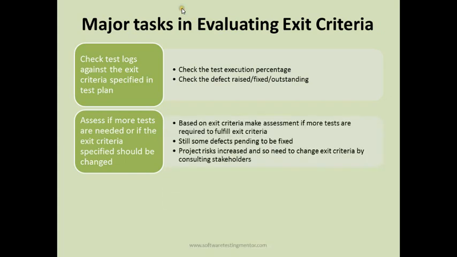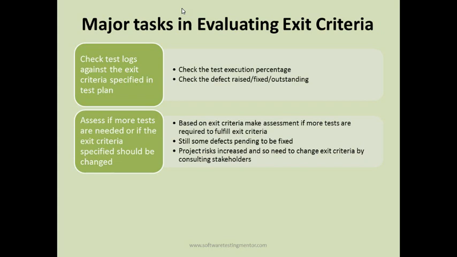So based on the exit criteria, you assess if more tests are required. Suppose exit criteria says 95% test cases should be executed to exit testing, and you have just executed 80% of the test cases. So you need to execute 15% more test cases in order to exit the test cycle.